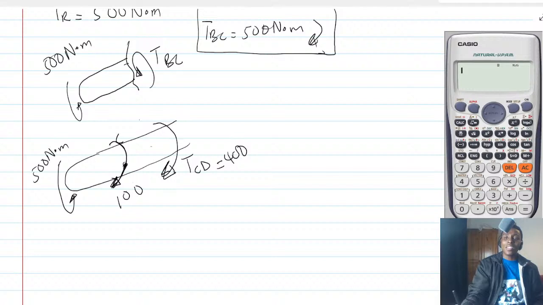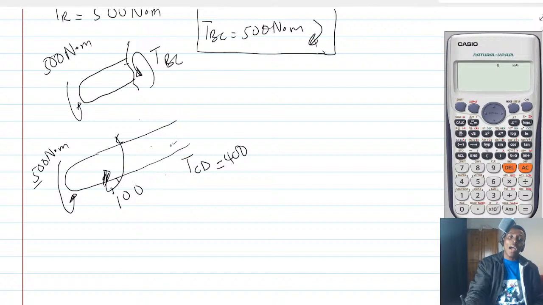Why is TCD 400? Because if this is 500 and then I have 100 which is in the opposite direction, therefore, it means that I need TCD to come again in the opposite direction. Why?